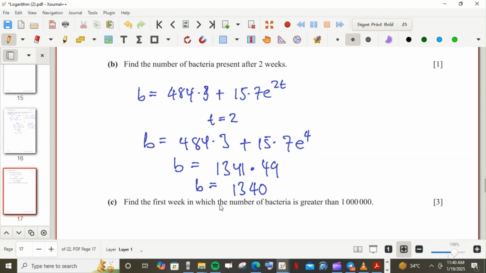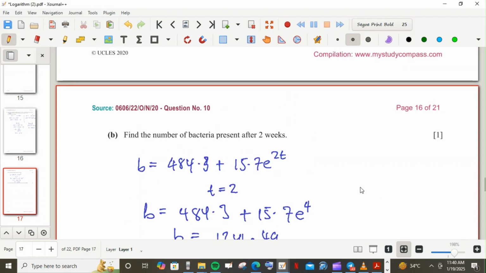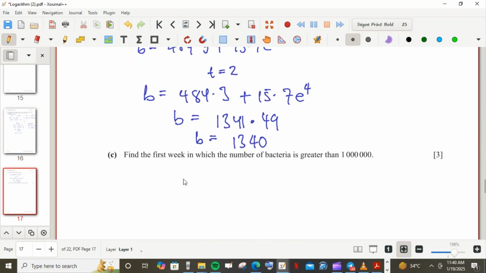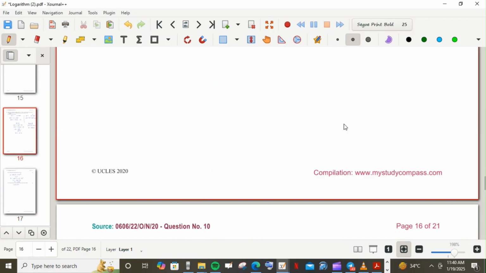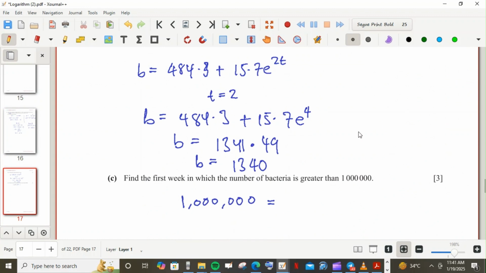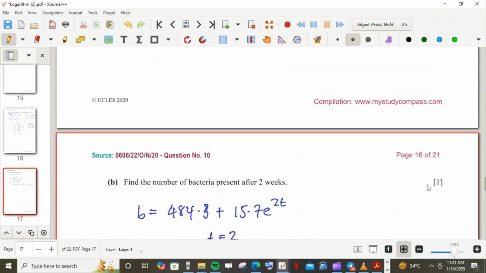Find the first week in which the number of bacteria is greater than 1 million. I like to bring the comma sign so I don't miss any of my values. Don't forget that you know the value of P and Q. So they are just telling you to solve this.